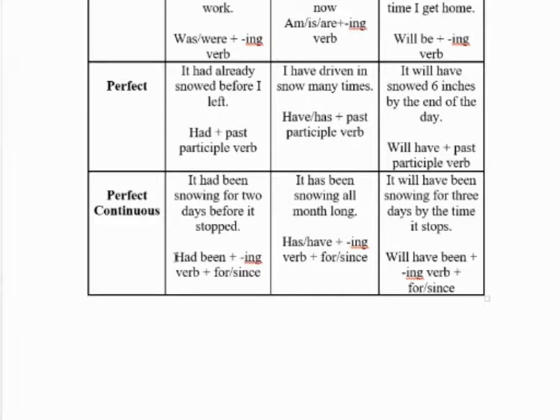It had been, whether she, he, they, no matter what the subject is, it's always had. And then been. When we are using continuous, you always use been. Had been plus verb with ing, and then you either use the adverb for or since. So the sentence: it had been snowing for 2 days before it stopped, or since it stopped.